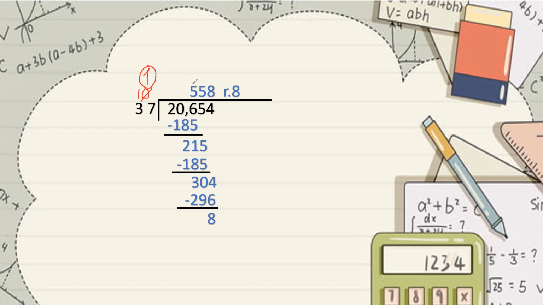Now in this part, we have to say 5 plus 5 equals 10. 10 plus 8 equals 18. Now we cannot write 18, so we have to say 1 plus 8 equal 9. We get a 9, remember, cross out, and now we have a big 0.